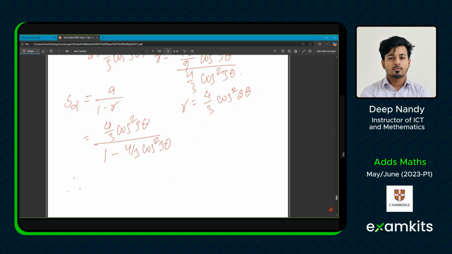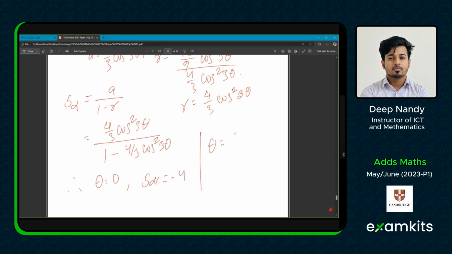Now when θ equals 0, the sum to infinity equals minus 4.